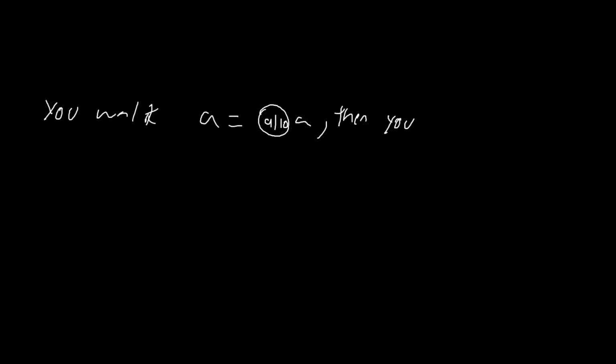So let's say you walk from the value of a, being the variable, from 1 to 10 of the variable a, then you walk an extra, the variable b being the variable from b to, oh, that's supposed to be from 1 to 10.